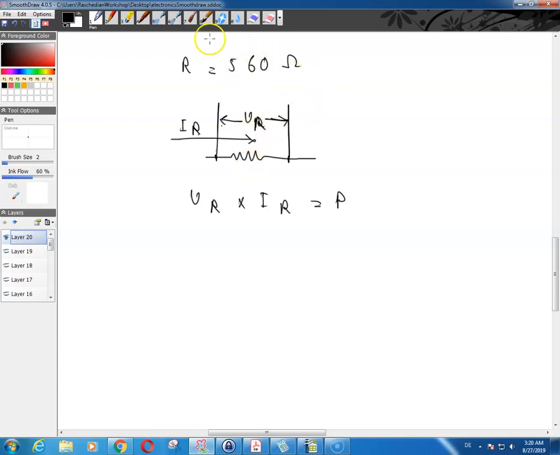So then, based on your calculation, when you know that the power dissipation in the resistor is going to be, for example, 1/2 watt, then of course you choose at least a 1/2 watt resistor, or even a little more than that, because you want to keep your resistor as cool as possible. You don't want your resistors to heat up.